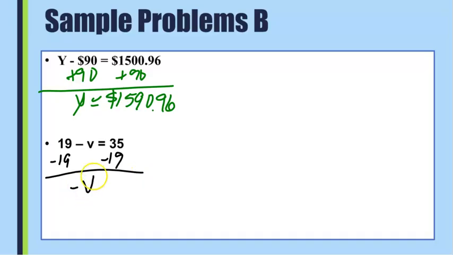And now I have negative v equaling 16. Now v is not by itself, so I have to divide by negative 1. And now I have v equaling negative 16.